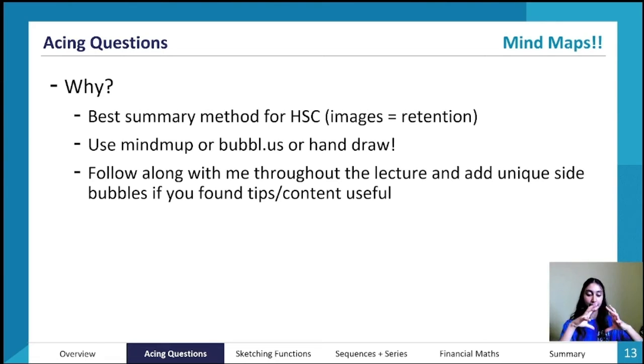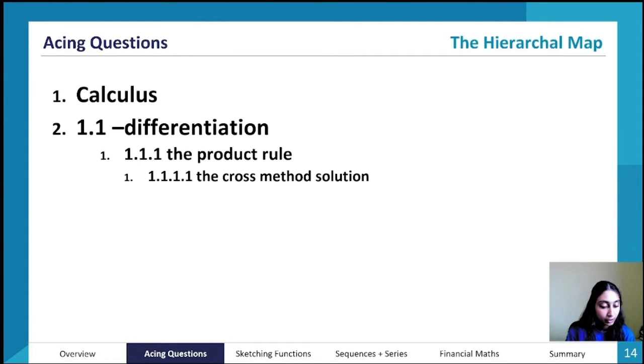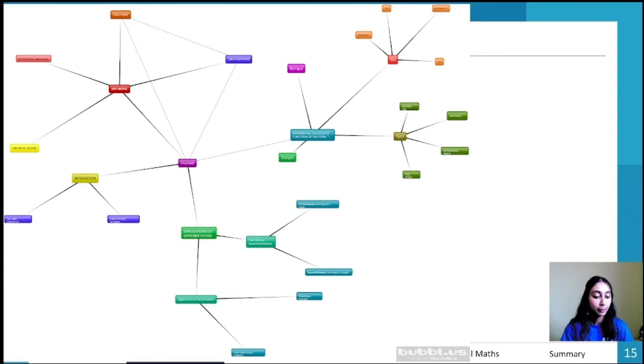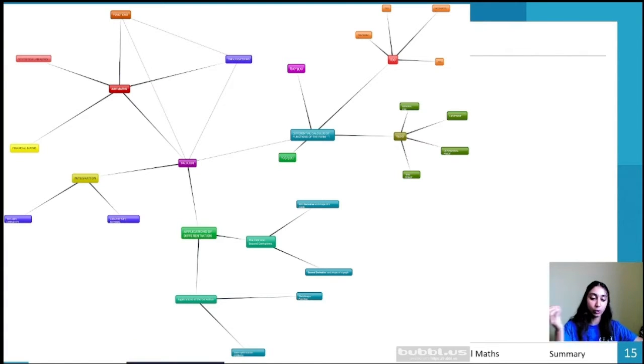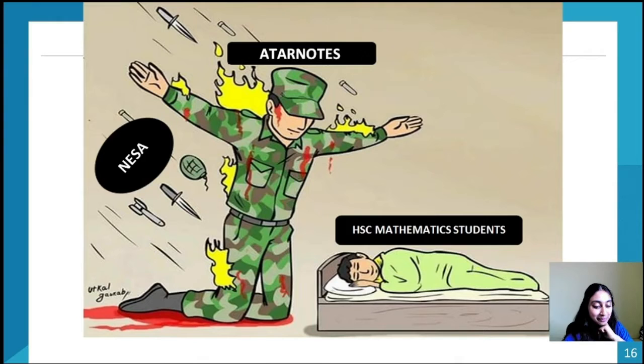So you've got calculus in the middle, and then you can branch off to differentiation, integration, applications of differentiation, and so on. From differentiation, you could branch out further, and from those branches come more. A hierarchical map is another way to do it if you don't want to draw bubbles. It's a really good way to link all your information together. So I would also highly recommend it.